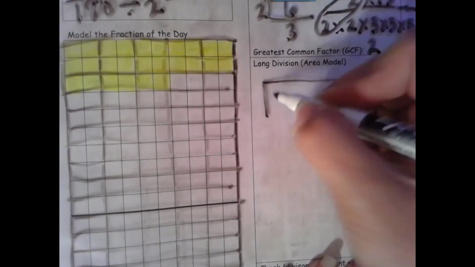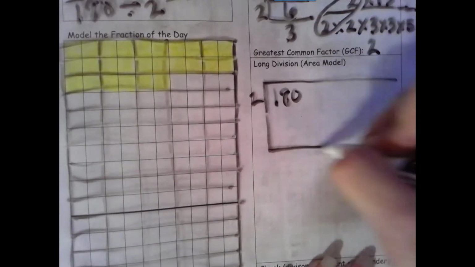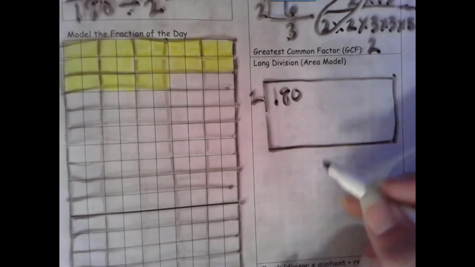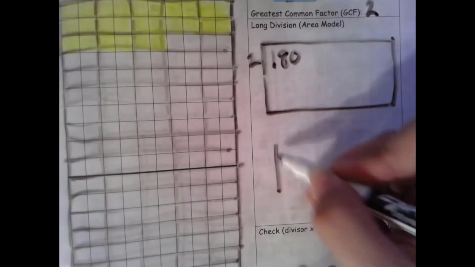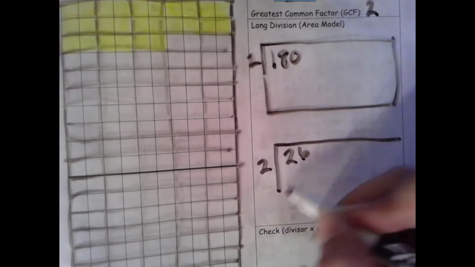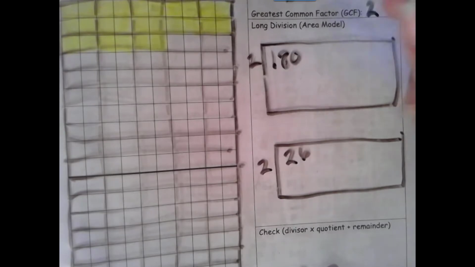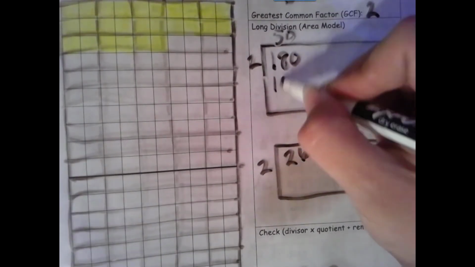Okay, so let's divide 180 by 2. And then we'll do 26 divided by 2. Okay, 180. Well, I know 50 times 2 gives me 100.